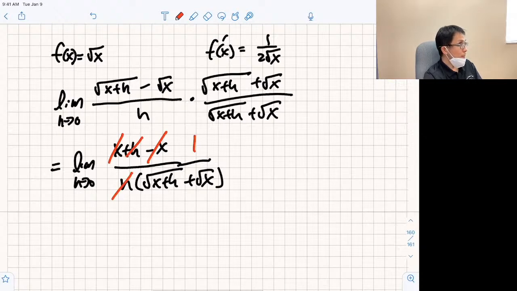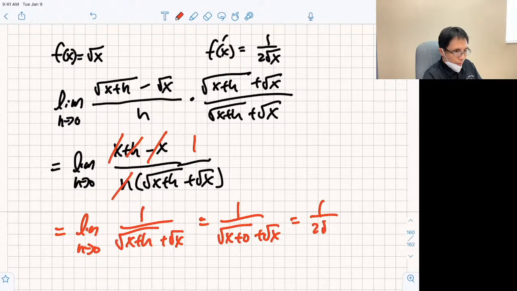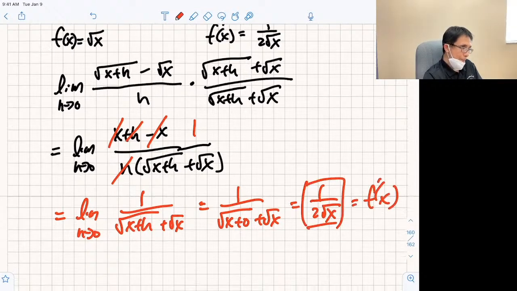Left with the 1. So can I say it's the limit as h approaches 0 of 1 over square root of x plus h plus square root of x? H is going to go to 0. So 1 over square root of x plus 0 plus square root of x equals 1 over 2 square root of x. This becomes f prime of x.